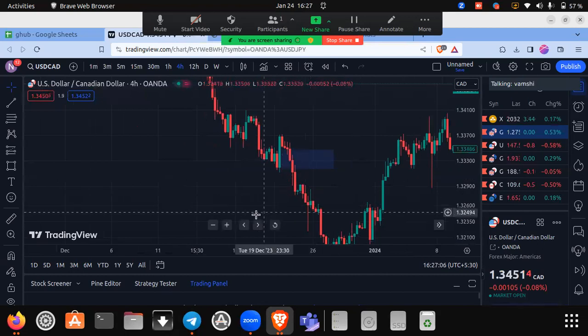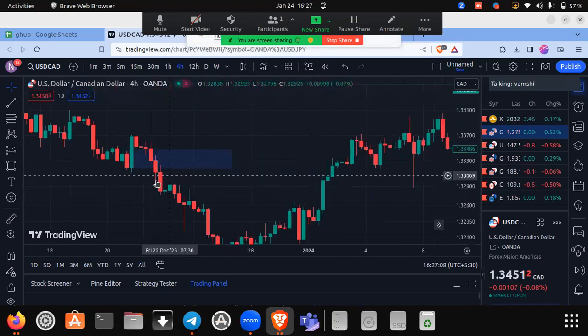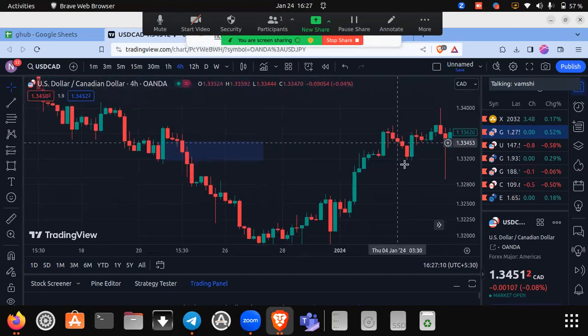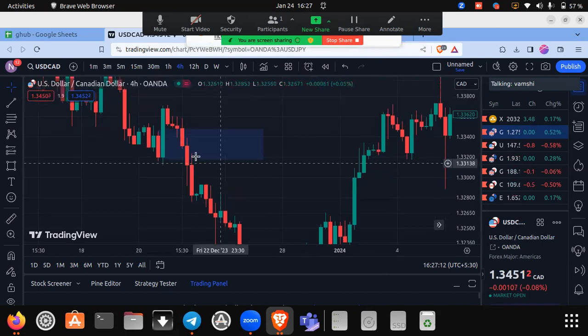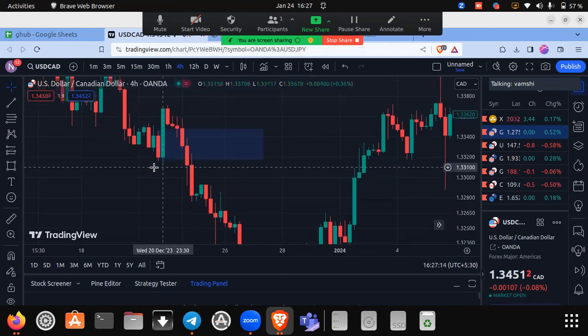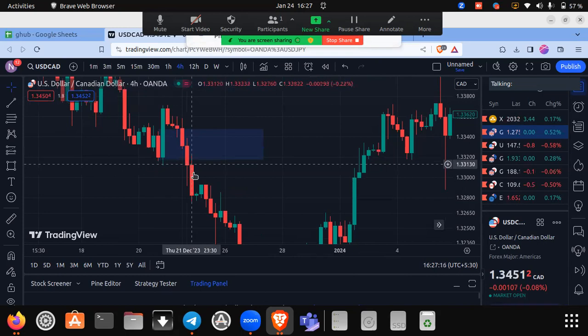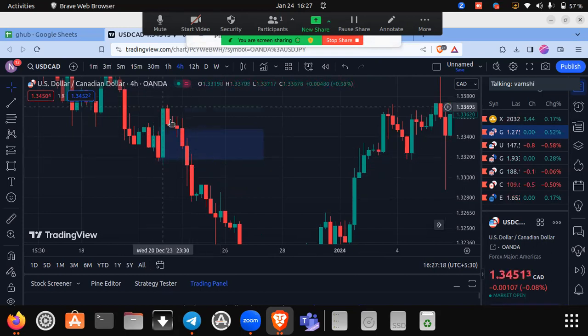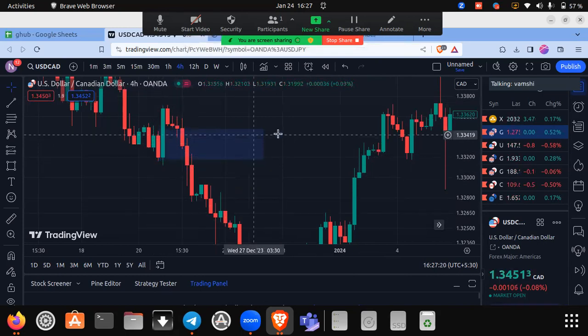And now it is an engulfing buy fail, because this red candle closed below the zone. So now this is an engulfing buy fail. Now here we will search for buying opportunities.